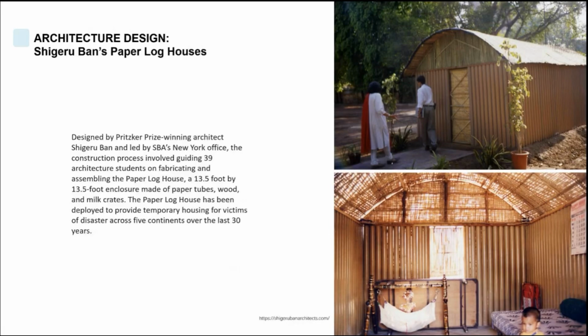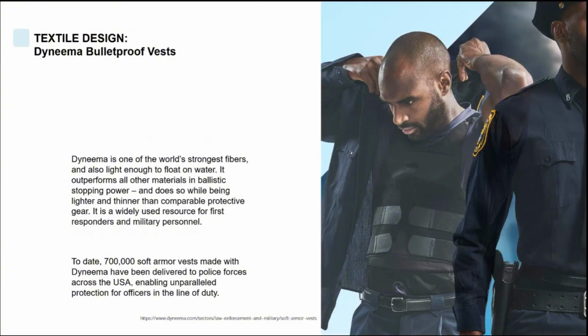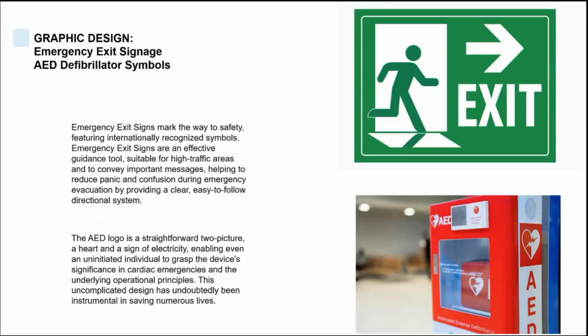Shigeru Ban's paper log houses, made from paper tubes, are also easy to assemble. NASA's space blankets are used as an insulator in a wide range of applications. And this lightweight and durable protective vest is used by first responders and military personnel.